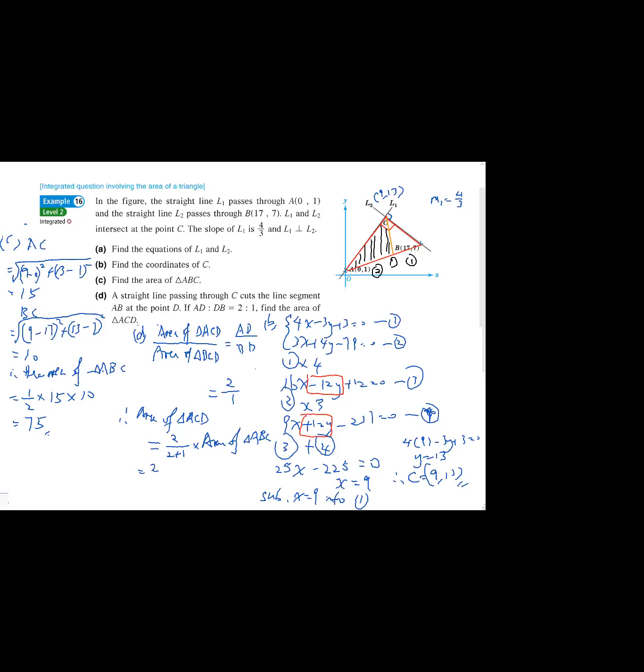So it should be 2 over 3 times the area of triangle ABC. But we have already found the area of triangle ABC to be 75, which means that the required area should be equal to 50.